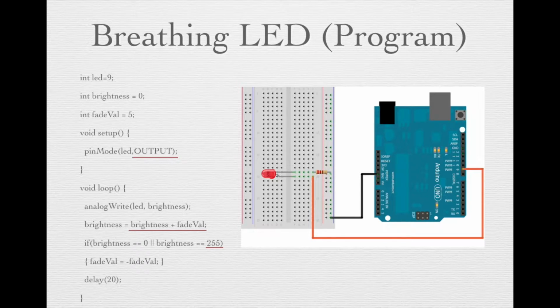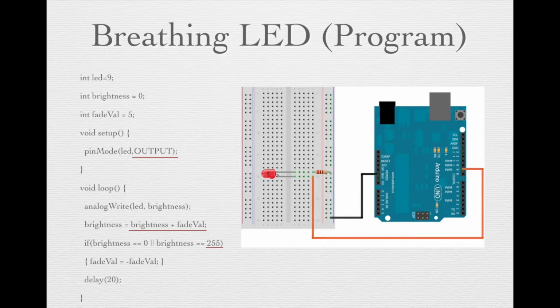This continues till the brightness becomes 255. If the brightness is 0 or it becomes 255, the fade value is set equal to minus fade value. So for the first time when the loop is running, the brightness value is 0, and the next time it becomes 5, and it goes on till 255. The highest value it can hold is 255, because 2 power 8 is 256, which is nothing but 0 to 255.